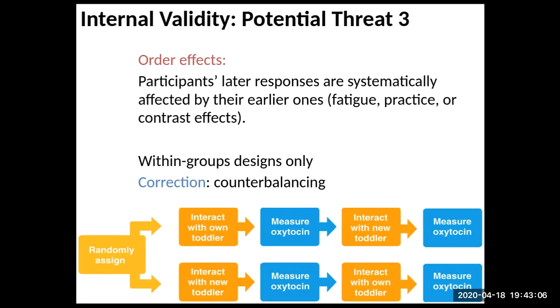So in order to know that it's not just the order in which you saw them, we counterbalance. So half of the people are randomly assigned to interact with their own toddler first and then the new toddler. And the other ones are interacting with the new toddler first and then their own toddler. So the order in which you play with these kids is not affecting your score.